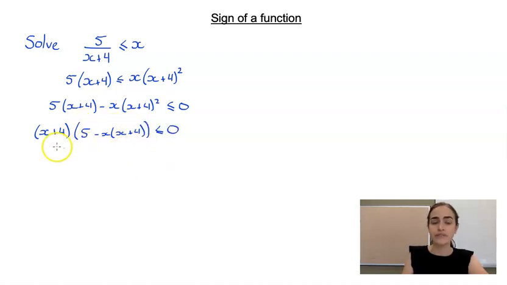If I go through and simplify this bracket, I've still got my x plus 4 out the front. Then I'm going to have 5 minus x squared minus 4x, less than or equal to 0. If I rearrange this a little bit, I'm actually going to pull a negative out of this bracket.